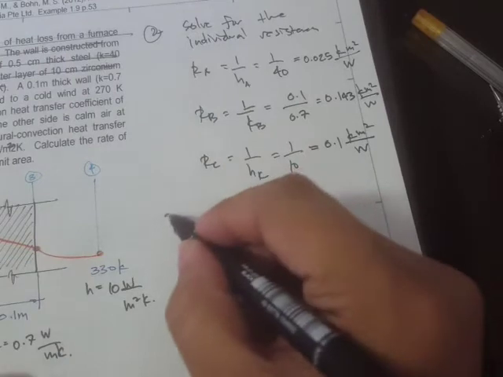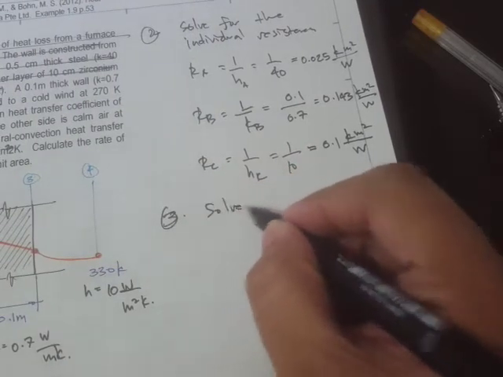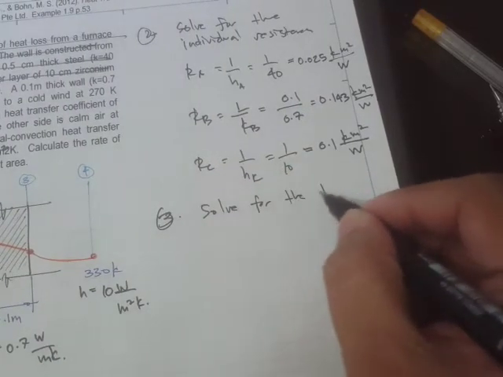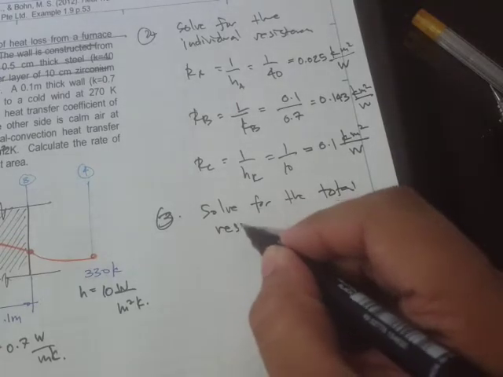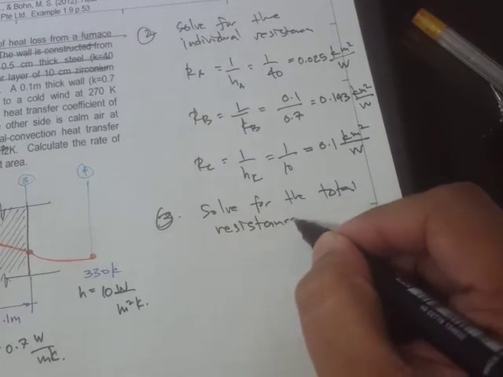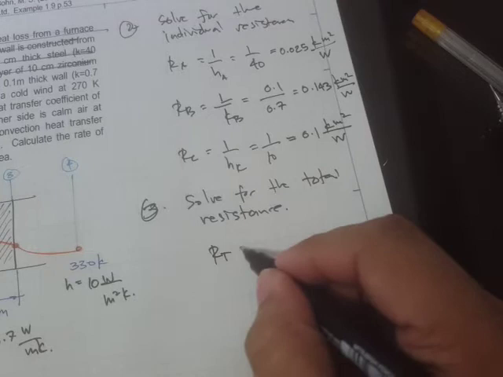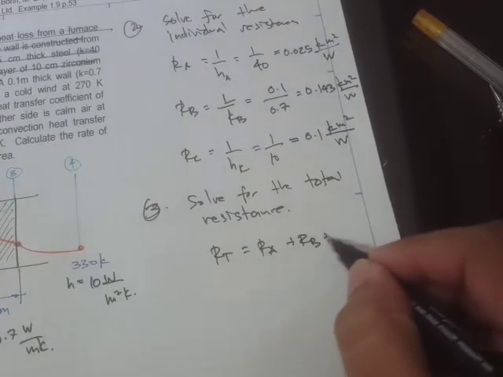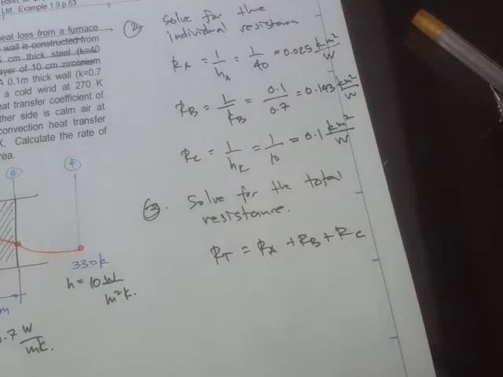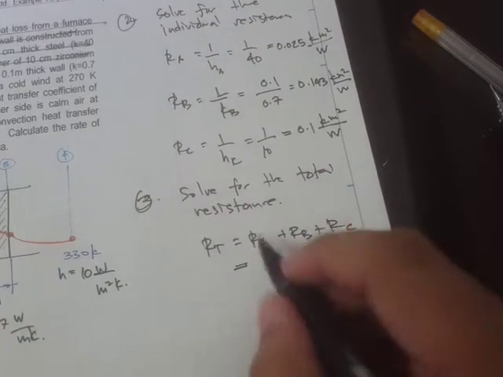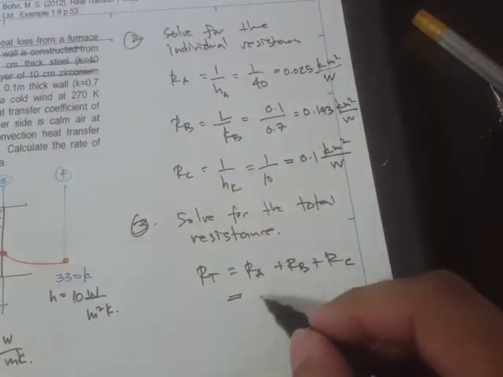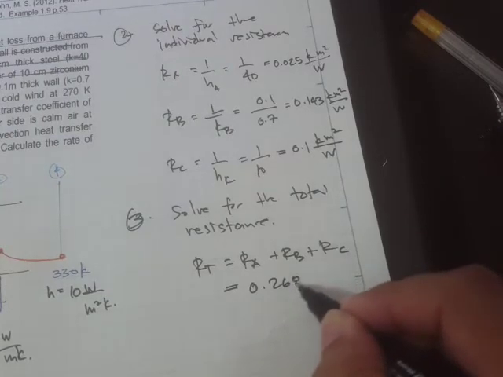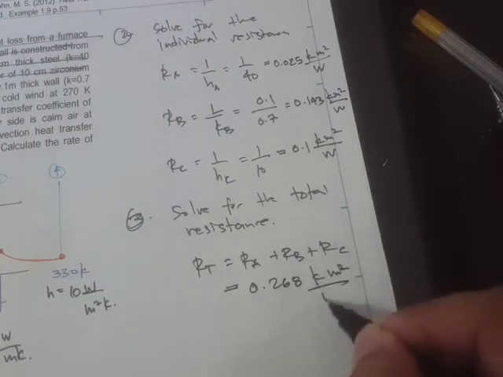Okay, now that you have that, solve for the total resistance. So R sub T is just equal to, since this is a series, R sub A plus R sub B plus R sub C. If you add these three values, what you get is 0.268 Kelvin meter squared per watts.